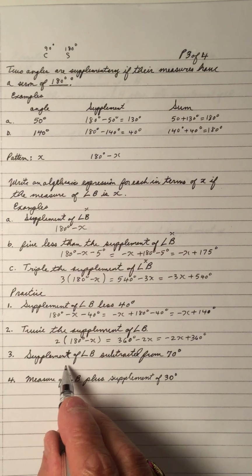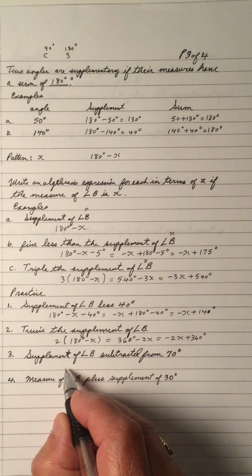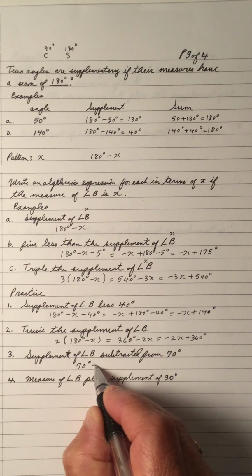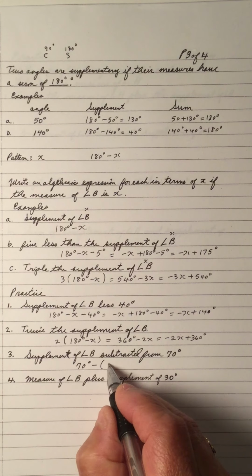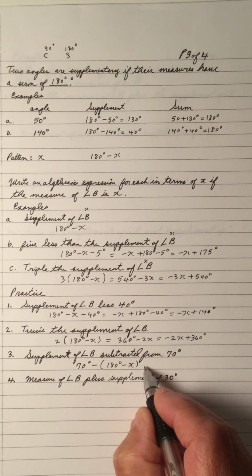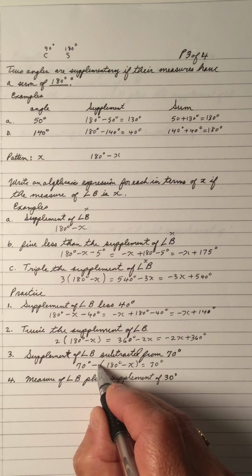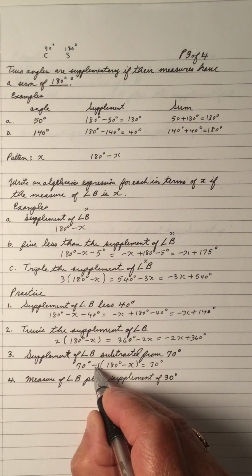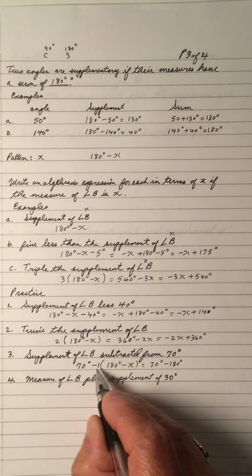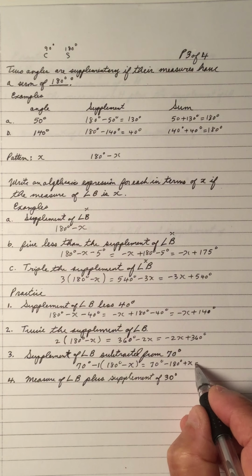The supplement of B, subtract from 70. Subtract from means 70 goes first, and you subtract the supplement, which is 180 degrees minus x. Now that's a subtract, so I put a 1 there: negative 1 times 180. Negative times a negative is positive. So we rearrange that.